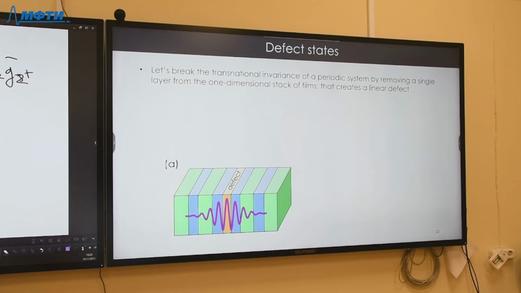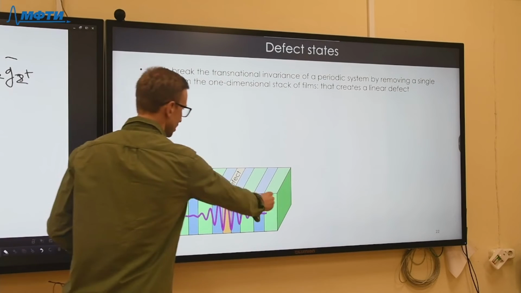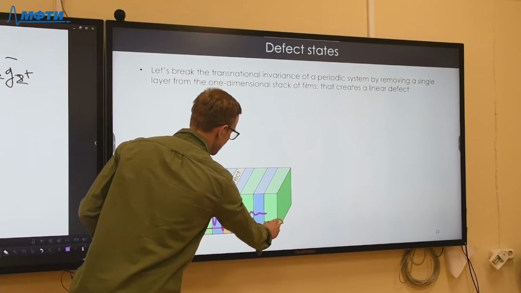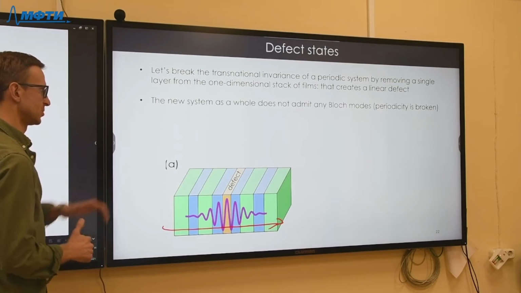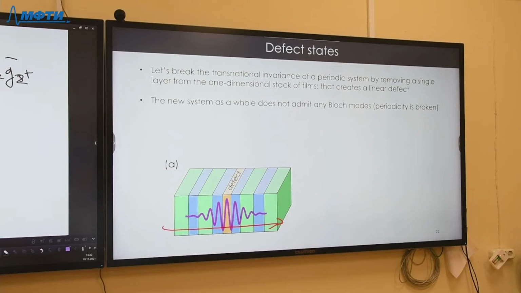No matter what we do, that completely breaks the periodicity of the photonic crystal. So the photonic crystal is no longer periodic in this direction. Periodicity is broken. And as a result, the Bloch theorem does not apply. It is not valid any longer because it is only valid for truly periodic systems. And so we do not have any Bloch states in this direction.